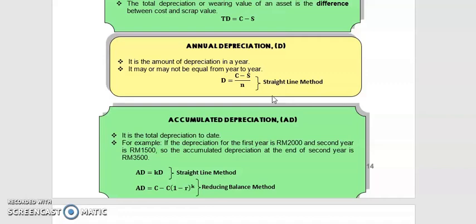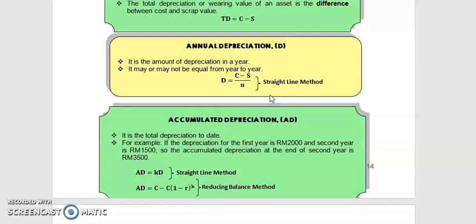It will be 60,000 minus 2,000, which is 58,000. The car can last for 10 years, so for 1 year, 58,000 divided by 10. So 1 year it depreciates by 5,800. That is annual depreciation using the straight line method.